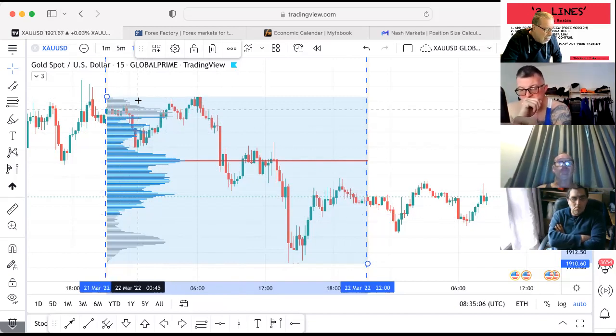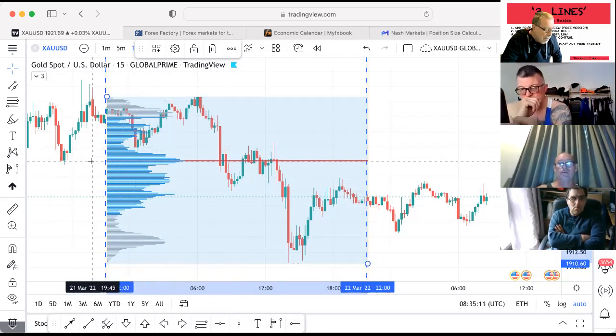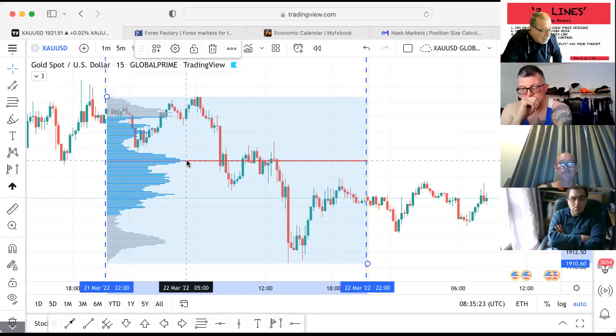And the grey lines are the other 30%. We're interested in the 70%. And the red line here is the point of control. That's the price where most trades were placed yesterday. So at that point, that was the height of the volume yesterday.